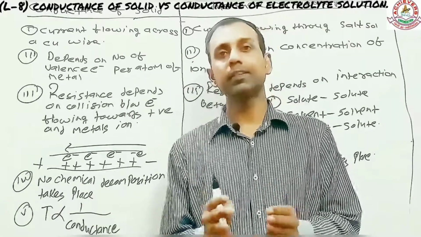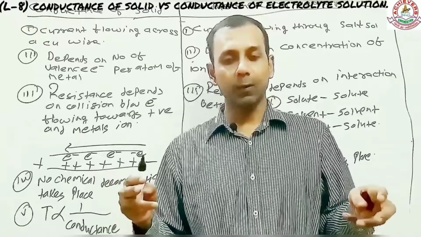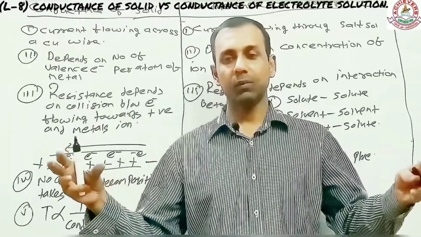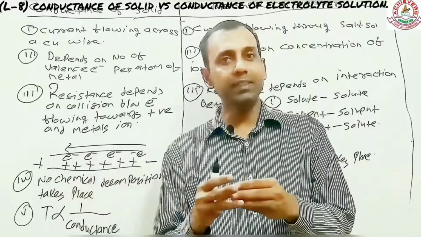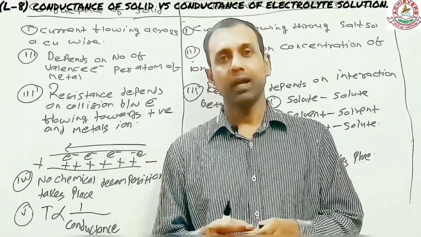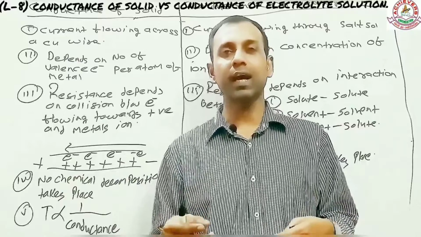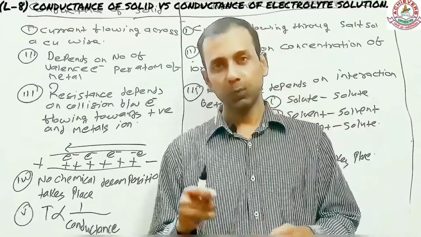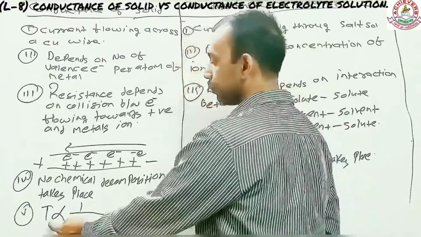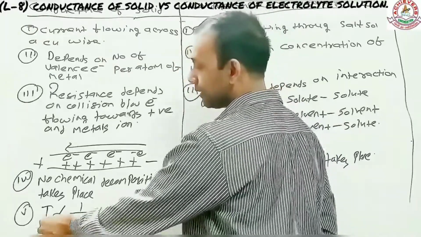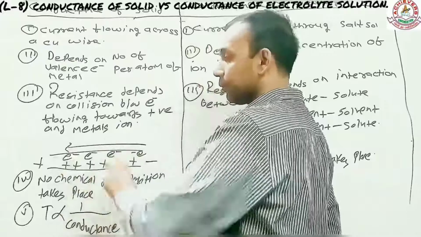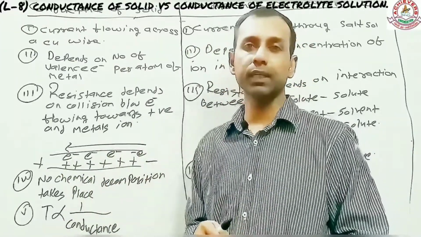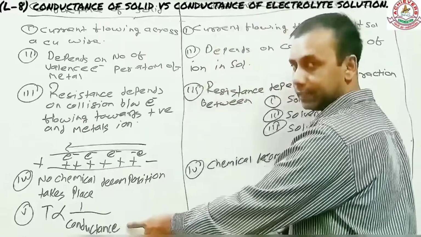This is like, due to some chaotic situation in traffic, many vehicles start colliding. And as the collision proceeds, the flow of traffic is absolutely disturbed. So you are increasing the temperature, and the collision between the electrons and the ions increases, which disrupts the flow of current, and therefore the conductance decreases here.